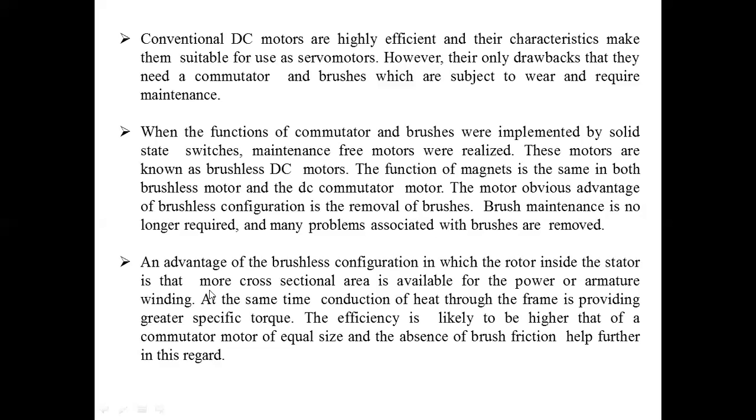Next, an advantage of the brushless configuration in which the rotor is inside the stator is that more cross-sectional area is available for the power or armature winding.